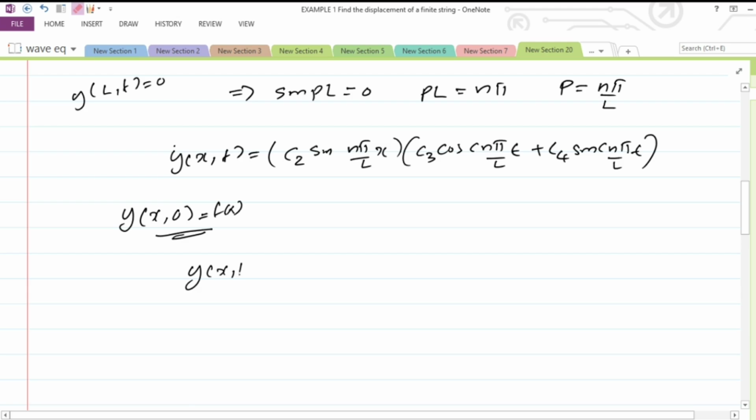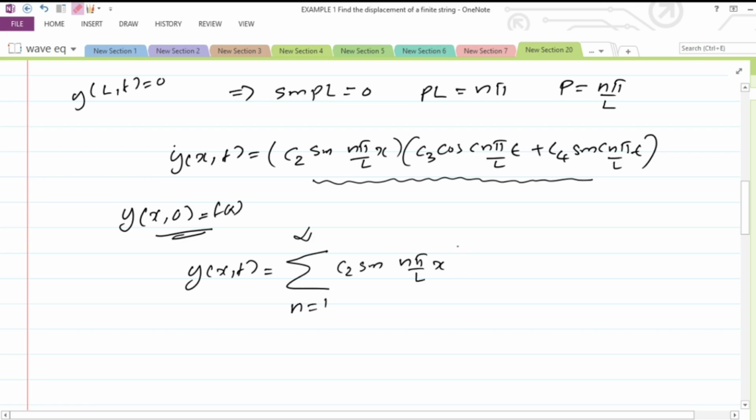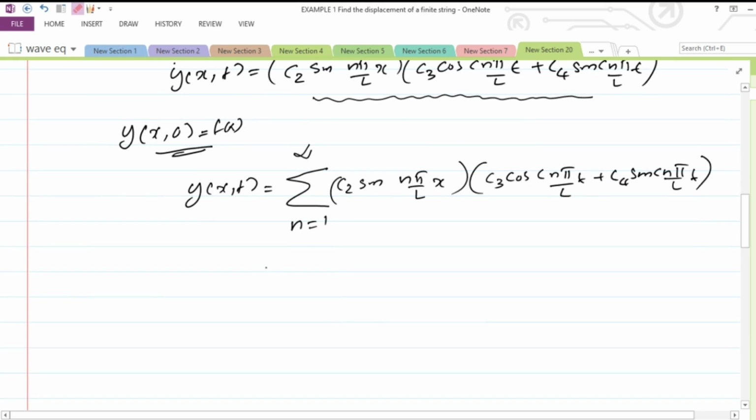So y of x,t: for n we can have different cases, and the sum of these solutions is again a solution. So we expect that the sum from n equals 1 to infinity of c2 sin(n pi x by L) into (c3 cos(c n pi t by L) plus c4 sin(c n pi t by L)) is the solution.